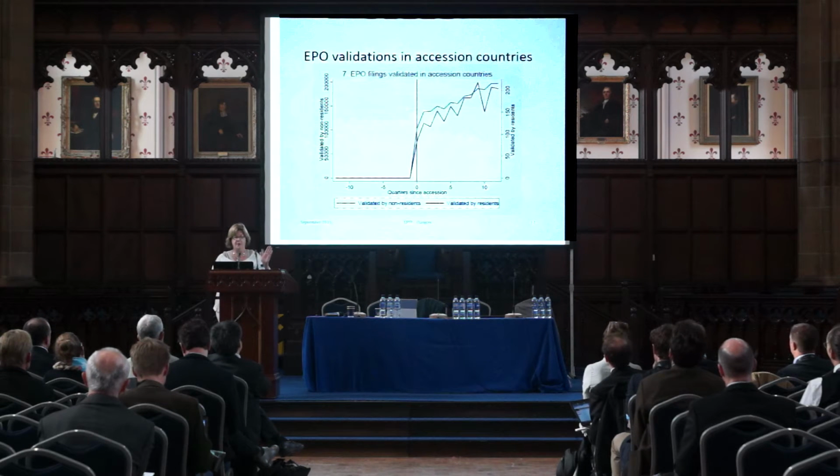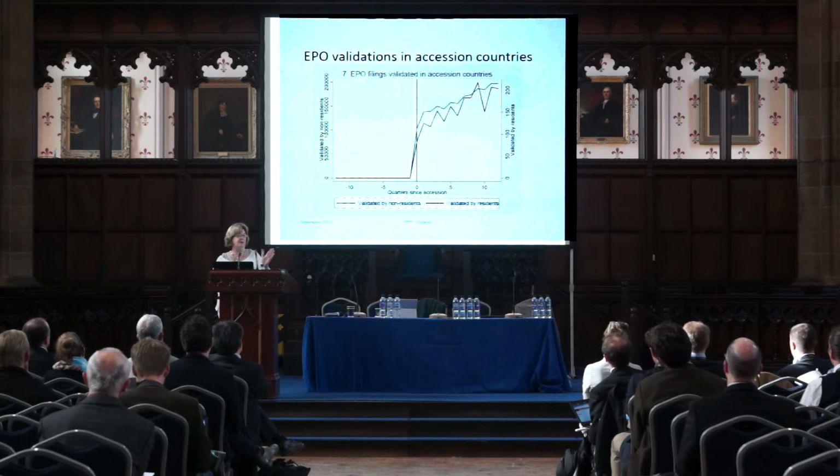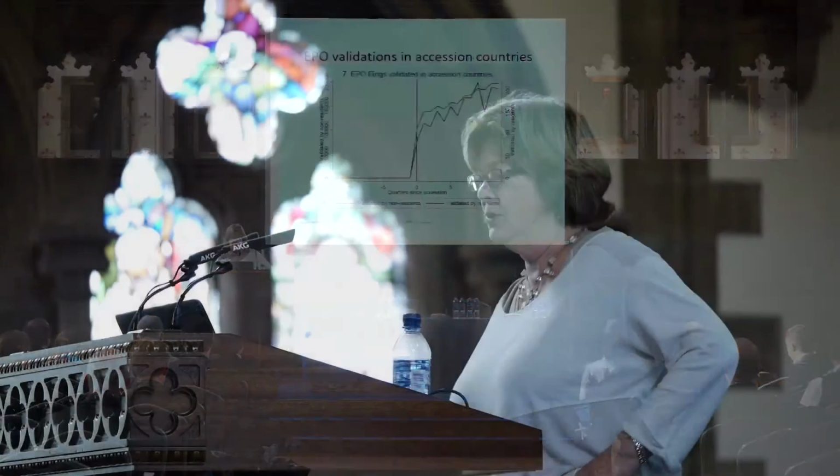The red line is scaled up to 200. So the residents are 1,000th of the non-residents as far as validating in accession countries total. So the residents are just not in the picture. I had to do 2 scales because if I didn't, you wouldn't have seen the residents. They were all at the bottom. So that's kind of interesting.